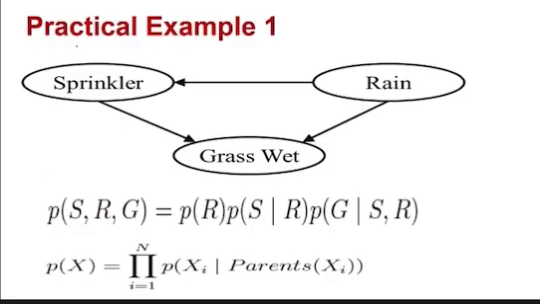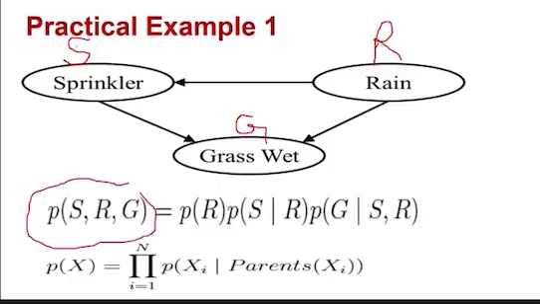This node is S, this is R, rain, and this is G. Now if I want to figure out the joint probability, it's going to be the probability of rain. You can see rain does not have a parent according to this structure, and that's why it's not conditioned on any event.